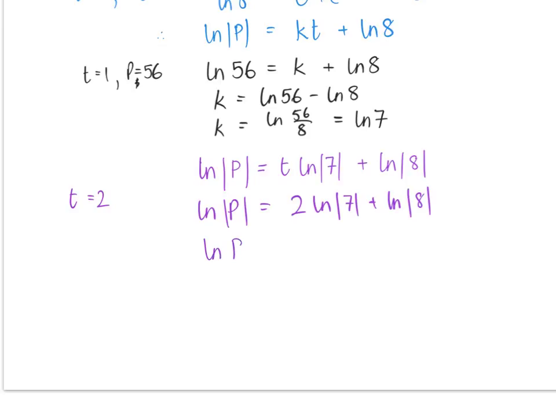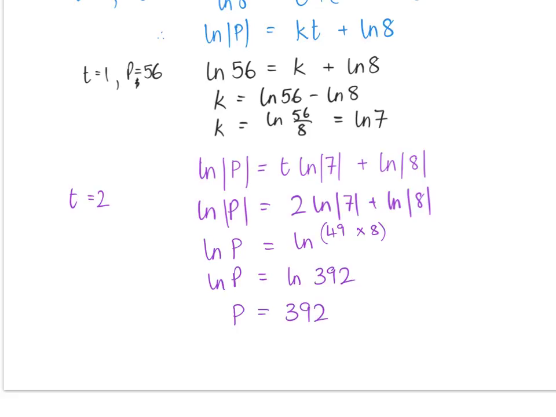So ln p is equal to ln of 49 times 8. So ln p is equal to ln 392. If we just take the logs away, p is equal to 392.